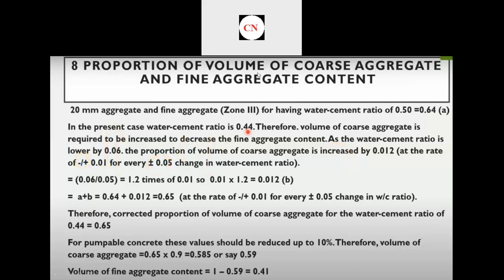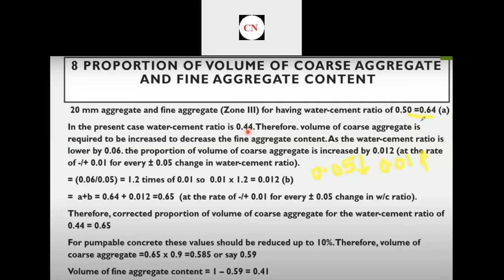Let us see what correction is required in our particular case. For 0.5, 0.64 is the value. For every 0.05 drop, this proportion has to be increased by 0.01.